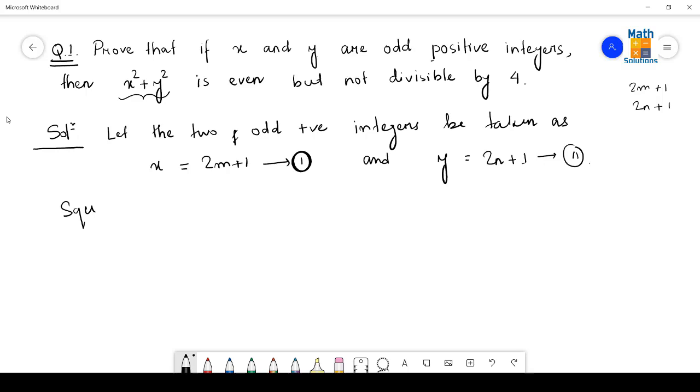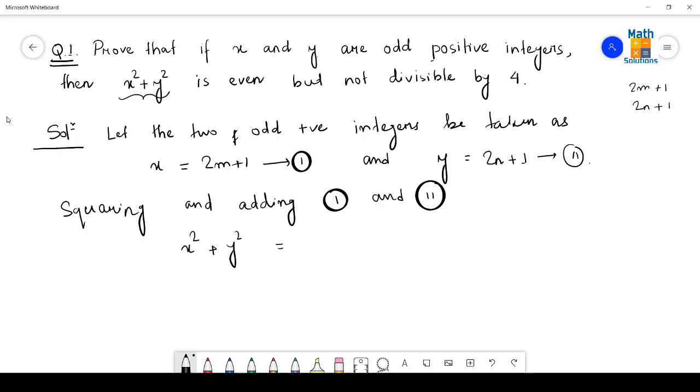So I can write here squaring and adding 1 and 2. What do I get here? x square plus y square is equal to their corresponding right hand sides. When squared, we get this result, (2m plus 1) whole square plus again (2n plus 1) whole square.